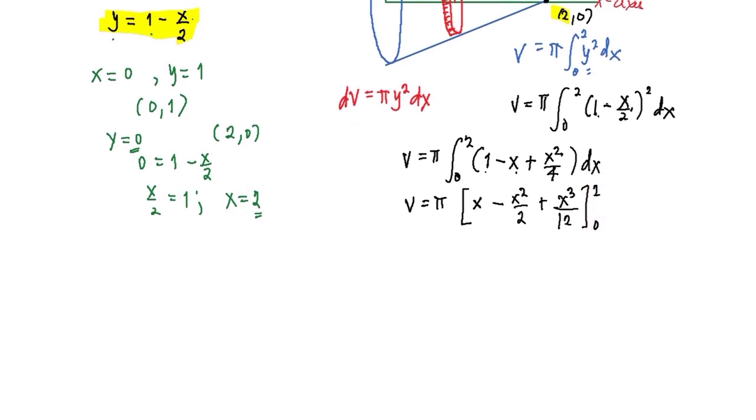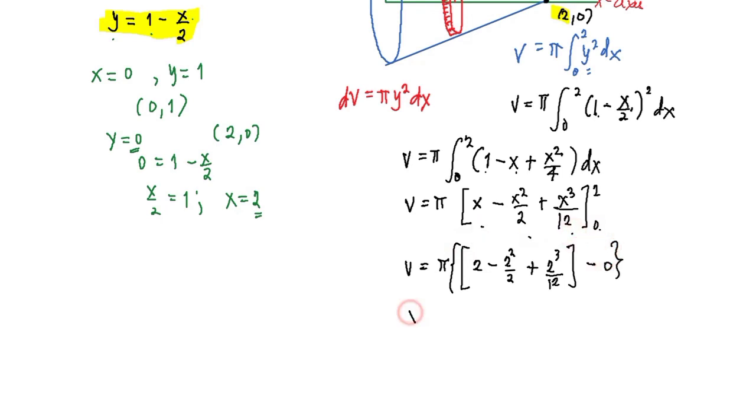Now, evaluating our limit, we have here our volume is equal to pi. For the upper limit, we have here 2 minus 2 squared over 2 plus 2 cubed over 12. And for the lower limit, since this is 0, everything will be 0.